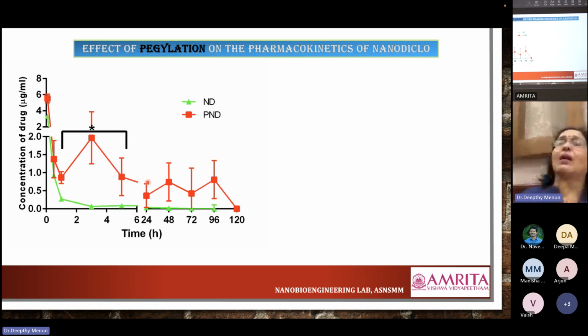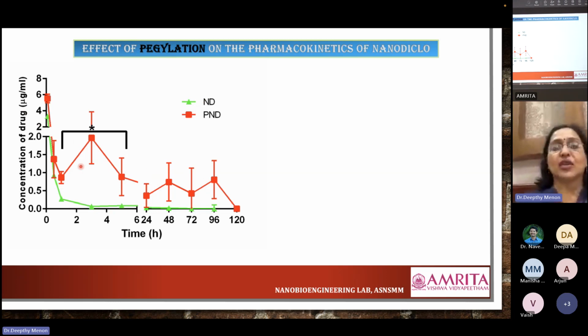So we covered our nano-diclo formulation with PEG. And there you go. We looked at it up to 120 hours. So P and D represents pegylated nanodiclo. See the comparison? This is ND at 2.5 and this is P and D.